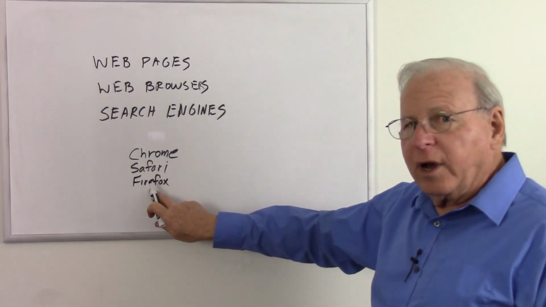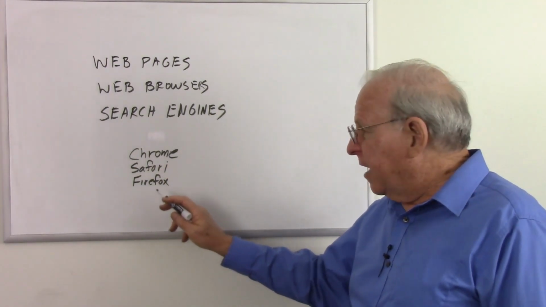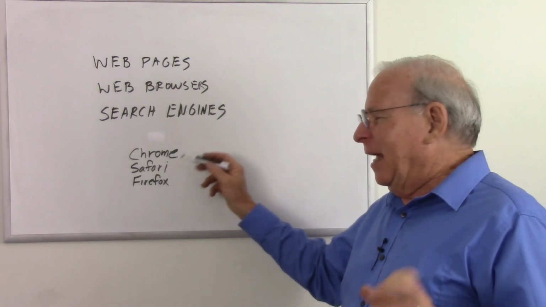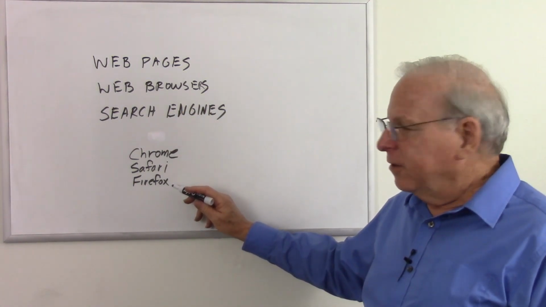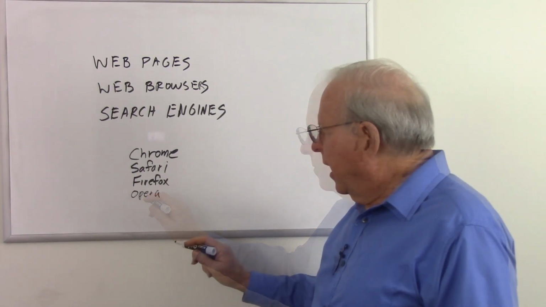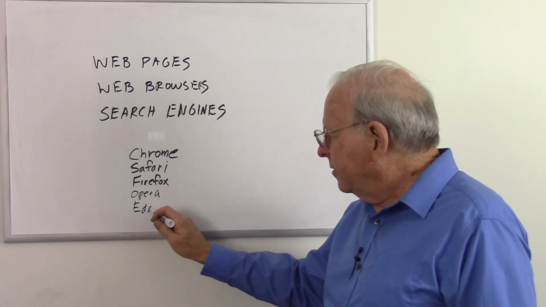That used to be the number one web browser, but Chrome has 90% of the traffic now, and Firefox is almost an also-ran. Chrome, everything you do, it sends to Google. They know what you're doing. Firefox, they don't. Another one is called Opera, and I forgot the Edge from Microsoft.